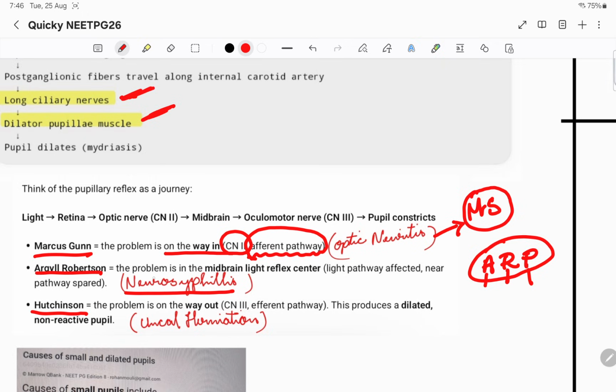The problem is in the midbrain light reflex center. Which is the light reflex center? It is the Edinger-Westphal nucleus that is affected. So that is the thing with respect to neurosyphilis.